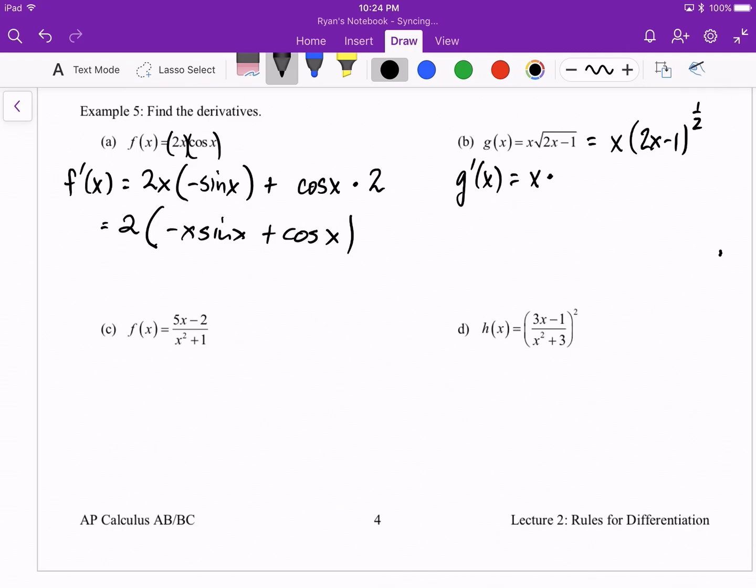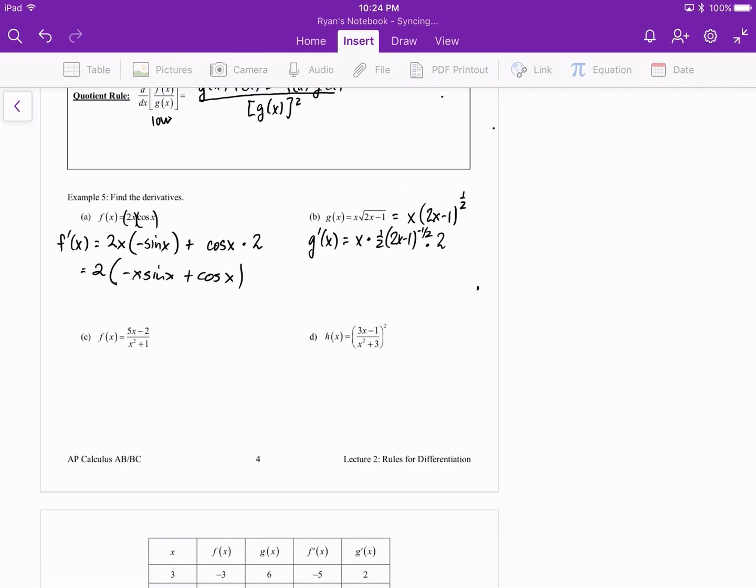So the second is (2x minus 1) to the 1/2. The derivative of that is 1/2 (2x minus 1) to the negative 1/2, multiplied by 2 because of the chain rule. So that 2 comes from the derivative of the inside, which is 2x minus 1.